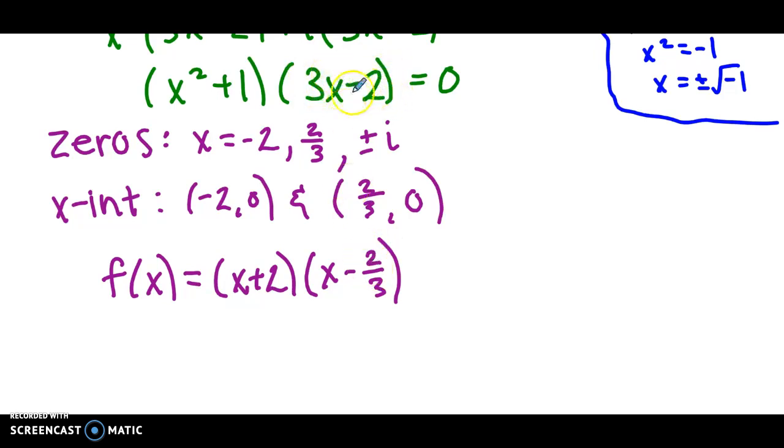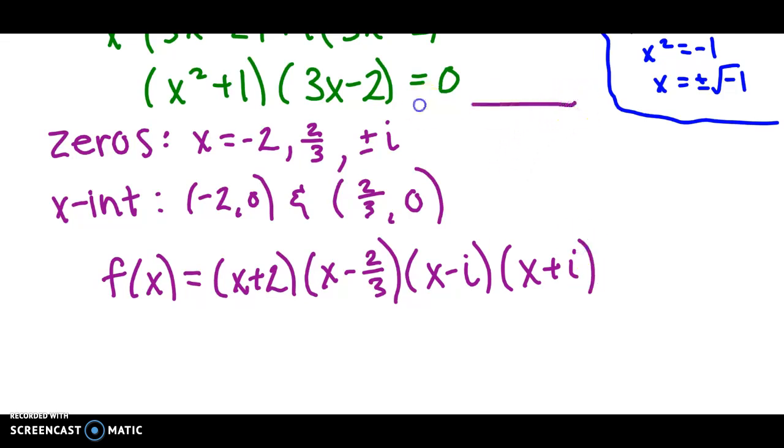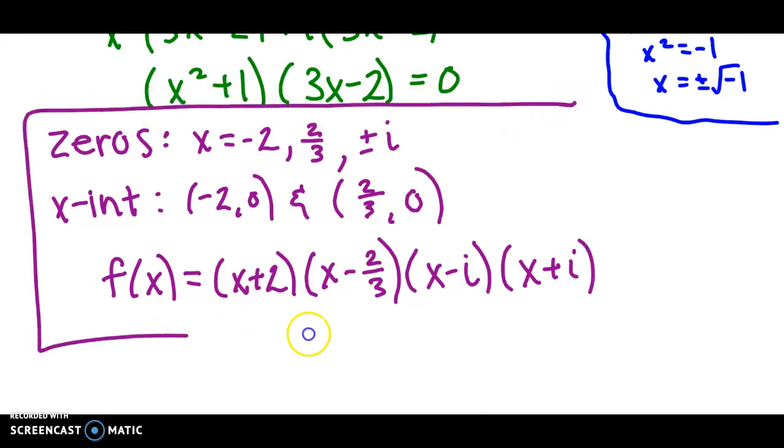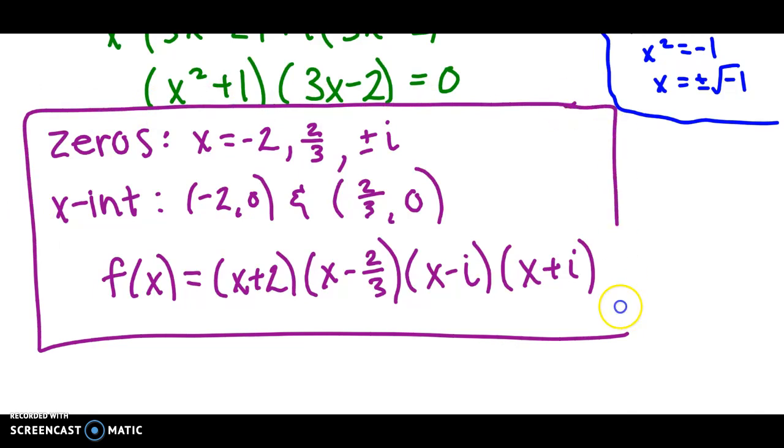Doesn't matter, they're both linear factors. And then we had two more zeros for roots: x minus i, x plus i. That was a lot of work, but it feels good and makes sense, at least to me it does.